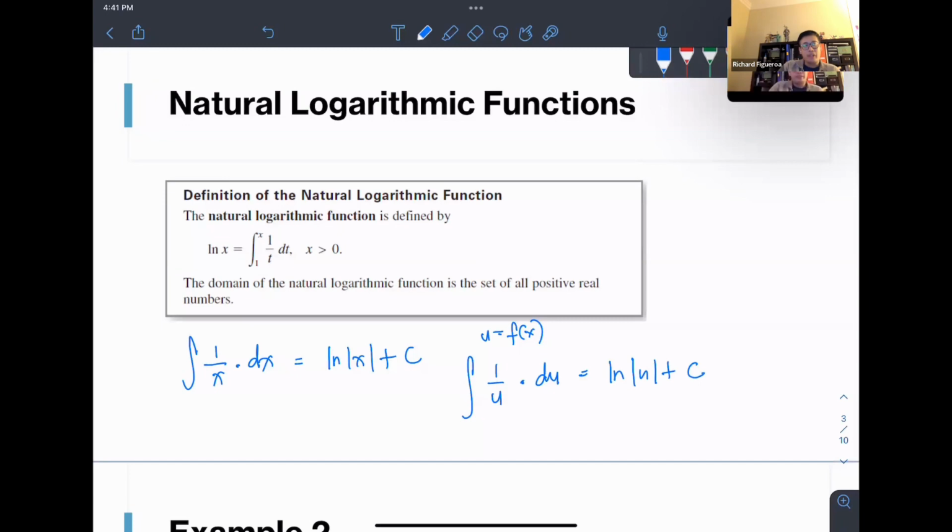However, if it is a function, we can still use the ln, or the natural logarithm. So what's the idea with the natural logarithm? The idea is that if I derive the denominator part, and then I'll get the numerator part, then that is a natural logarithm.